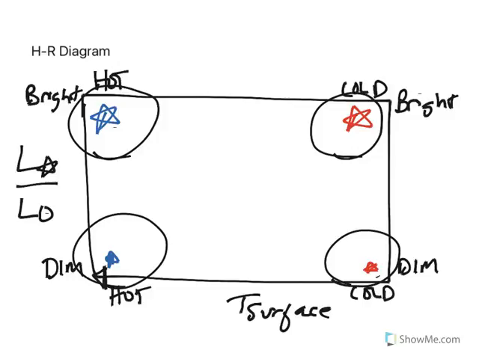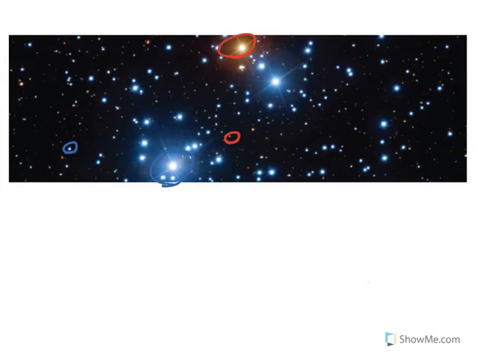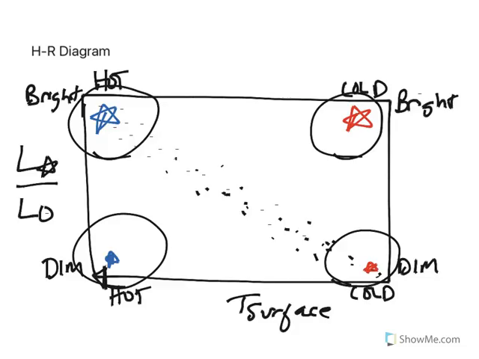So if we were to put dots for all of where we see stars, and we put them all on the HR diagram, everywhere you see a dot is a star in this previous image. So we're taking all these stars and we're putting them on the diagram. They just don't fit everywhere on the diagram. They fit in very distinct areas. And we would get a diagram that looks something like this.